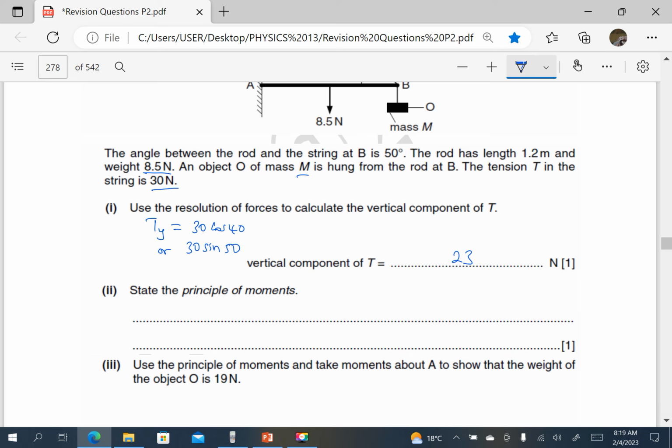State the principle of moments. So we know that for body in rotational equilibrium, the sum of clockwise moments must be equal to the sum of anti-clockwise moments about the same point.